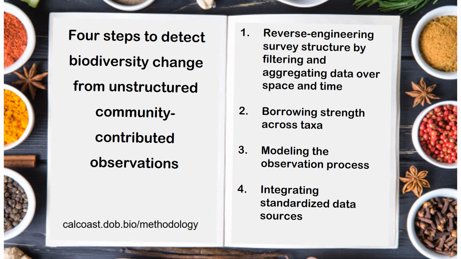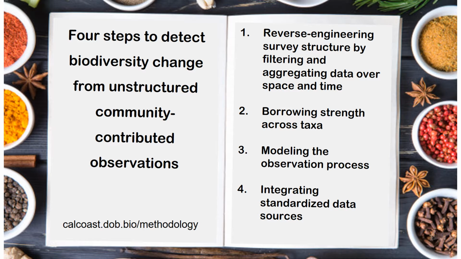In the first 18 months of this project, we spent a great deal of time testing approaches to control for variation in observer effort and activity over space, time, and taxonomy when deriving indicators of biodiversity from unstructured community contributed observations. We distilled available approaches into a 4-step recipe for increasing the usefulness of these data to detect biodiversity change.